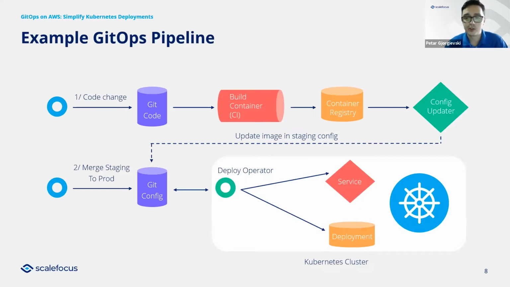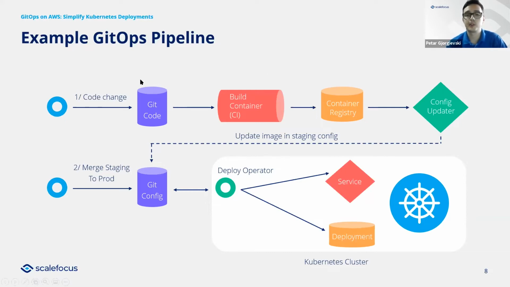So on this image, we have a simple GitOps pipeline. Basically, what it means is it contains two parts. The first part is where the developers actually commit the code change to the version control, and that triggers a build, which builds the Docker container and pushes it to the container registry.